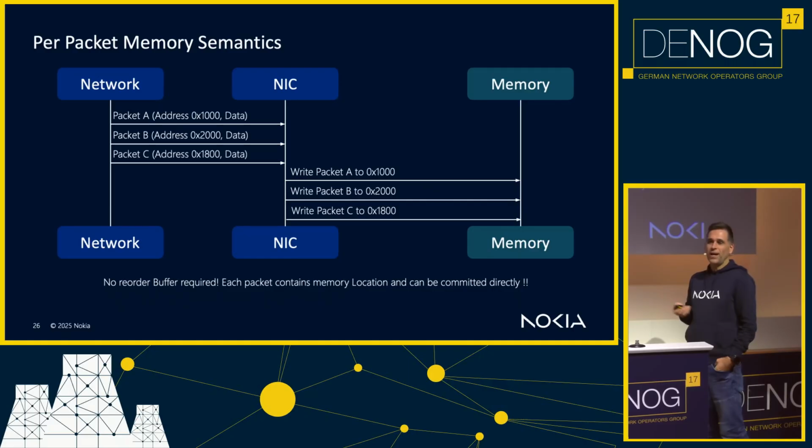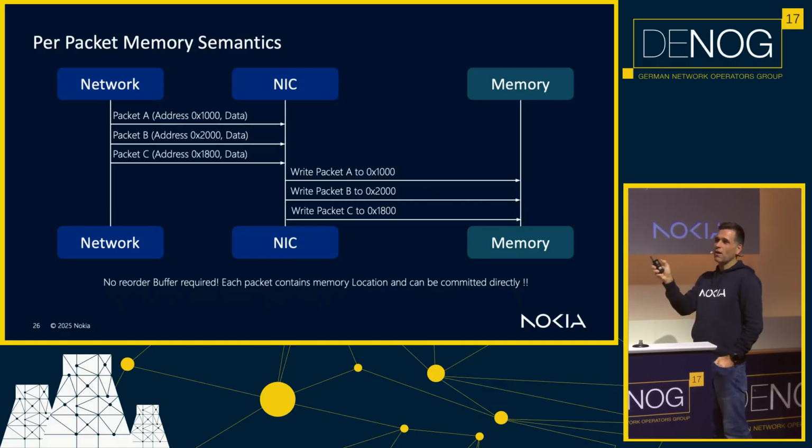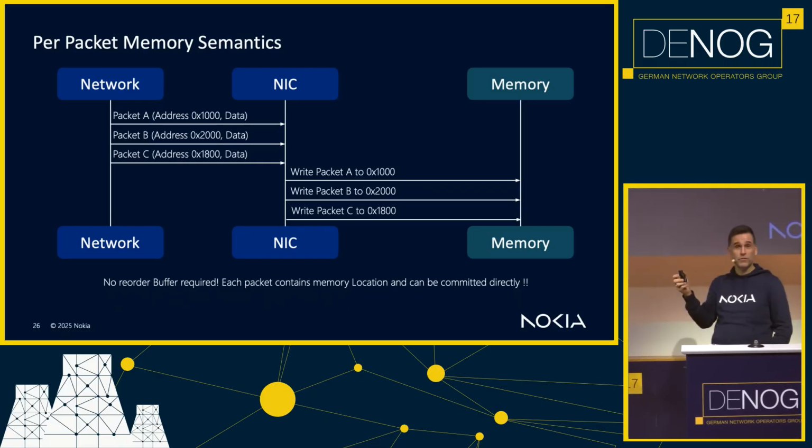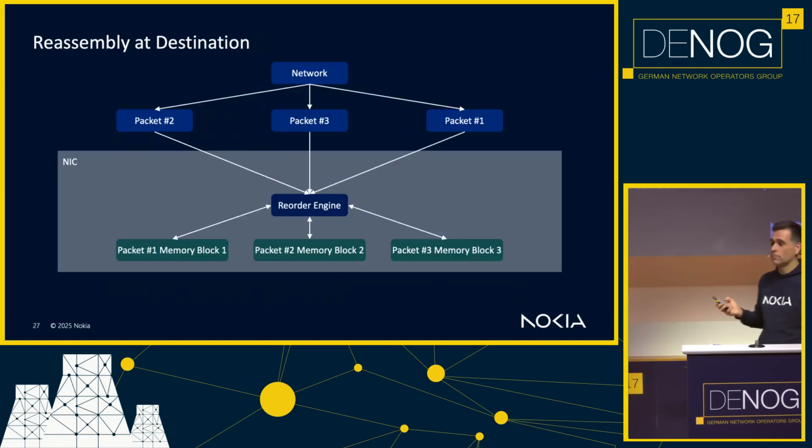Therefore, packet order doesn't matter at all. You have a direct target where you just write, like an envelope with a street address where you deliver every packet. And the job of the GPU will anyway only start once the last packet arrives and it's complete. So order doesn't matter in backend fabrics anymore at all.